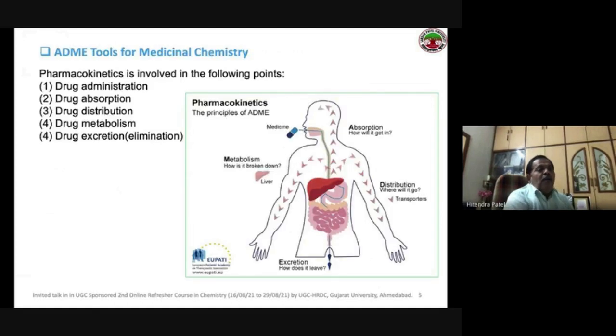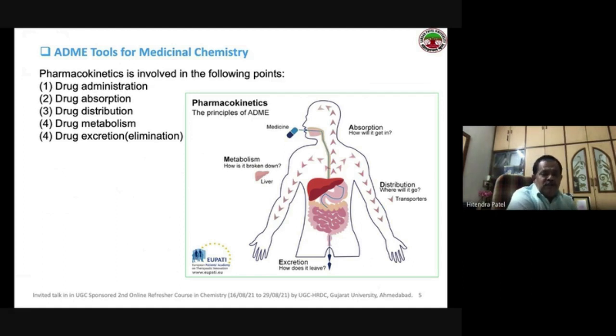Now, when we talk about pharmacokinetics, as I already explained, the ADME tools are very necessary for the medicinal chemistry concept, because we have to design the drug dose based on these four important parameters. One is drug administration, that means how we take a drug molecule, right?